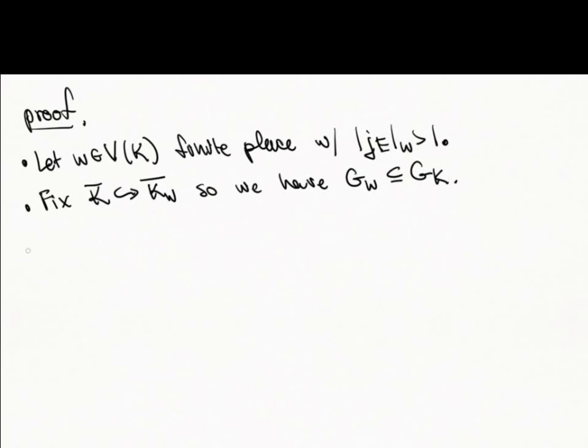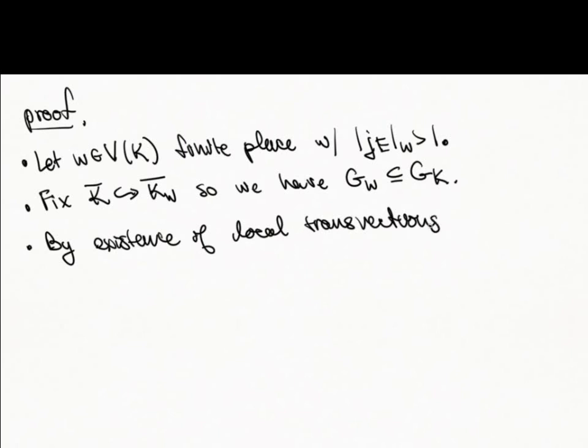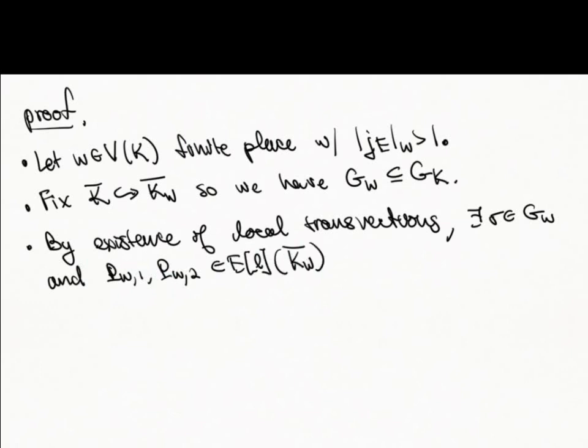Okay, so by the existence of local transvections, there's some sigma in the local Galois group, and P_w1, P_w2, l-torsion points, such that here rho_l, the mod l representation, but the local version of sigma is equal to 1101.